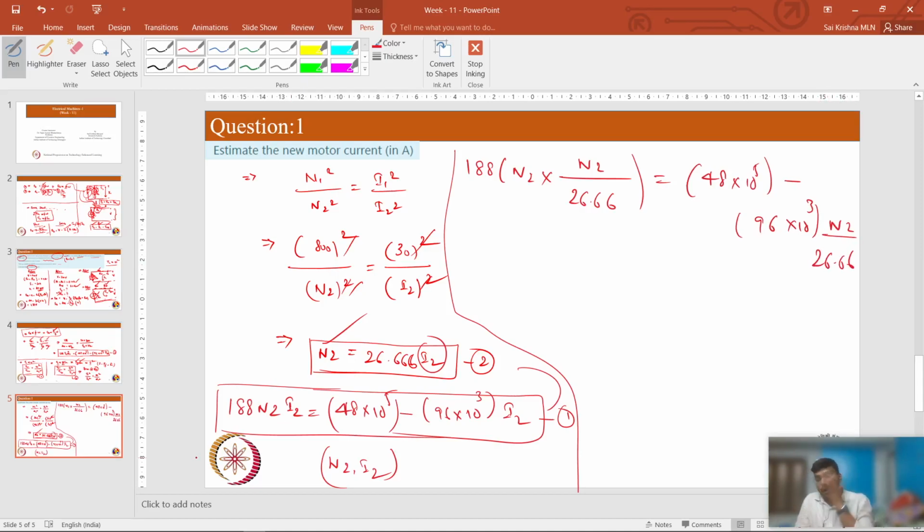So this is a quadratic equation in N2, or else you can substitute directly N2 as 26.66 I2 here.